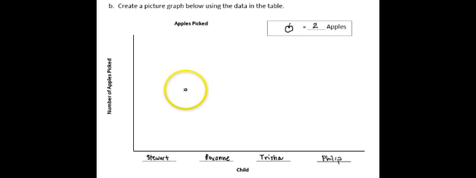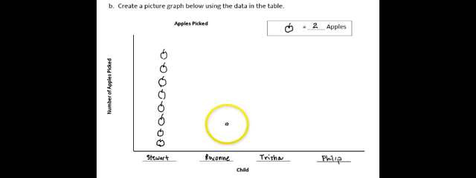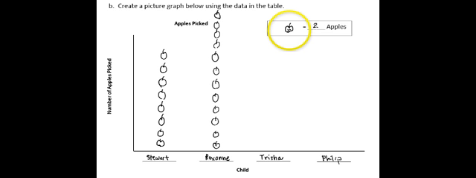Stuart picked 16 apples, which means I need to draw 8 apples. And that represents the number of apples Stuart picked. Roxanne picked 24 apples, so we'll draw 12 apples for her picture graph. And you can see her graph goes up pretty high here, but there's 12 apples there.